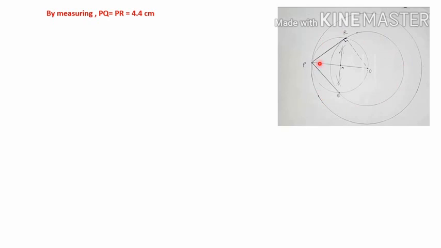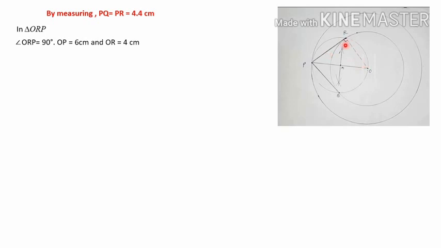This is the diagram which you have drawn, and we have to join O to R because we have to verify by doing actual calculation. So we have to join OR, and in triangle ORP, this is a triangle. In triangle ORP, angle ORP is equal to 90 degree. ORP is this angle.